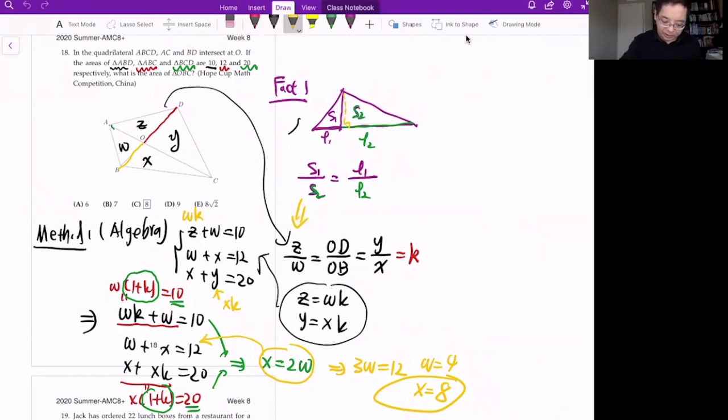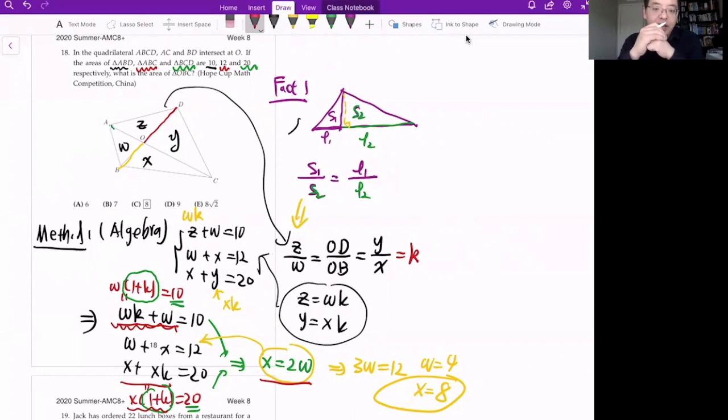When we solve this system, we observe we have two similar expressions. They have the common factor 1 plus k, and then we quickly get the ratio between x and w is 2 over 1. So this is what we get algebraically, and this helps us solve the problem.